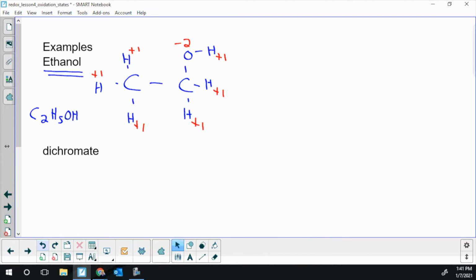Now, what you haven't been taught yet, that I'm about to show you to figure out that one missing atom, is the fact that the sum of the oxidation states always equals the charge.